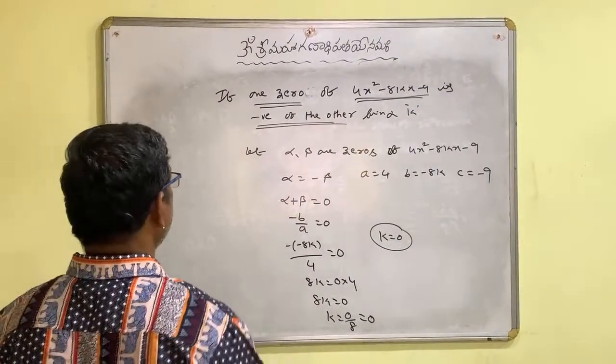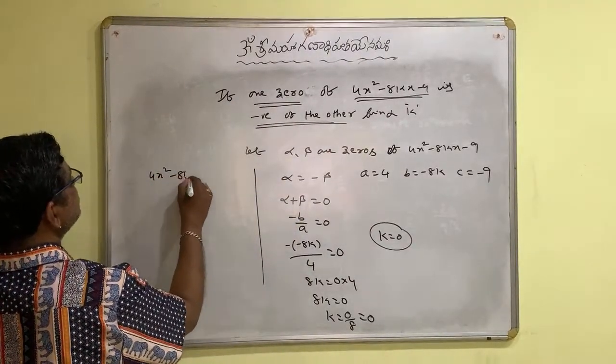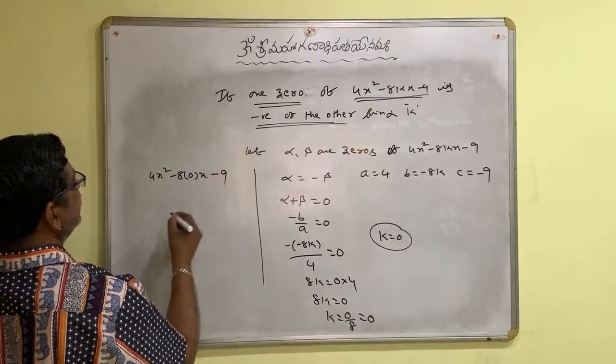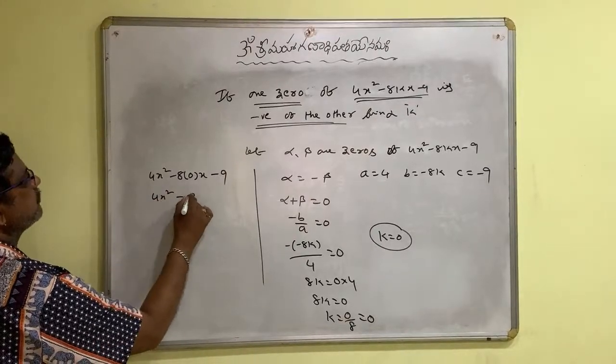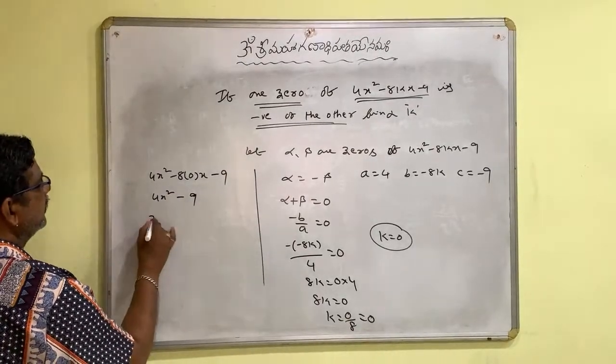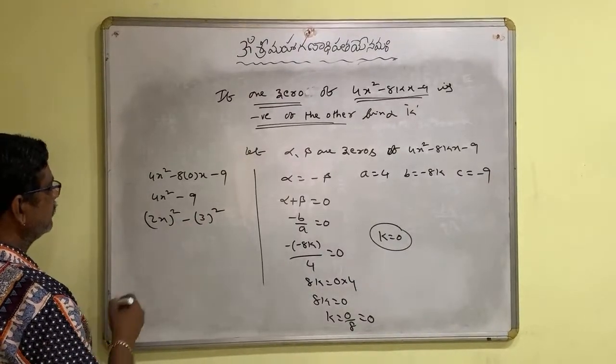You can observe clearly, if k is 0, 4x square minus 8 into 0 x minus 9, the polynomial becomes 4x square minus 9, and this is nothing but 2x whole square minus 3 whole square.